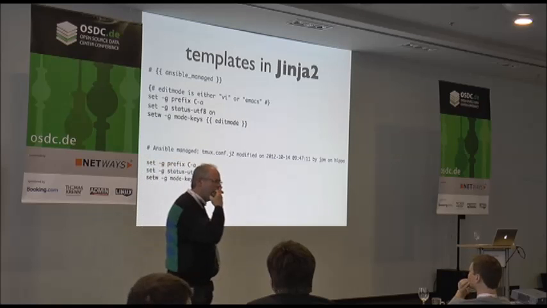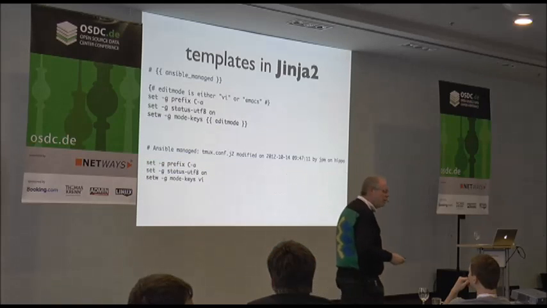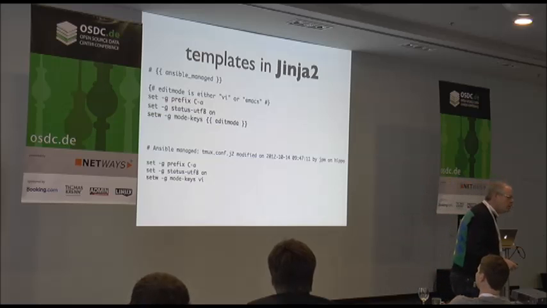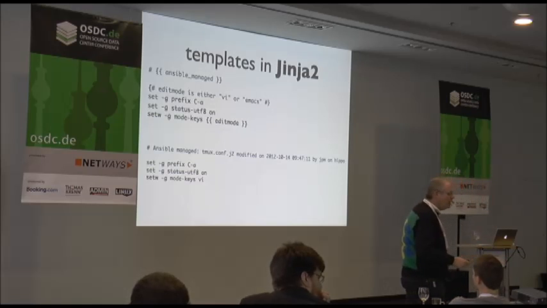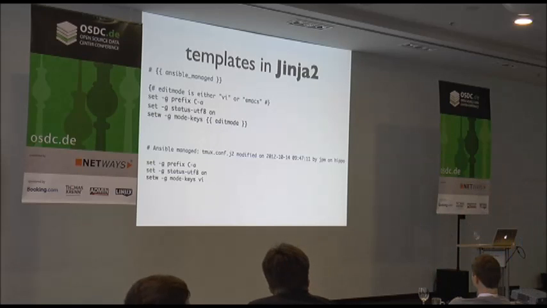Is the ansible_managed variable taken into account when... I'm sorry, could you repeat that? If two people make the same change, will it change twice? If two people make the same change to the source file, the template expanding to the same content. Well, no, if two... Well, oh, I see. It's not the person who changed it.